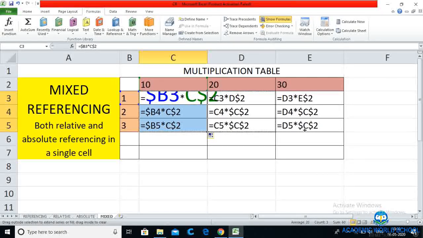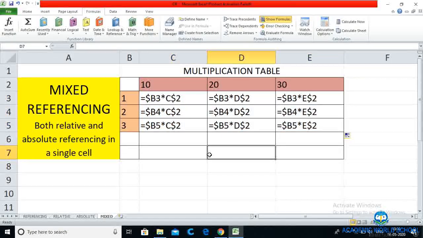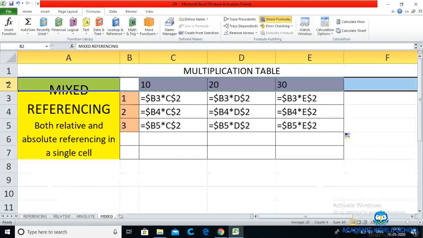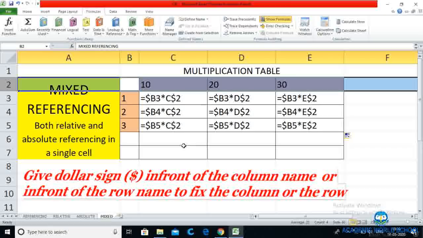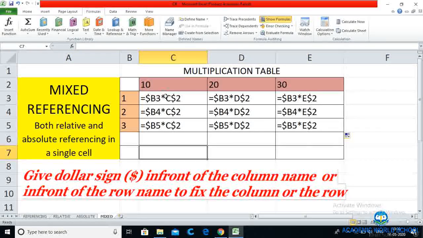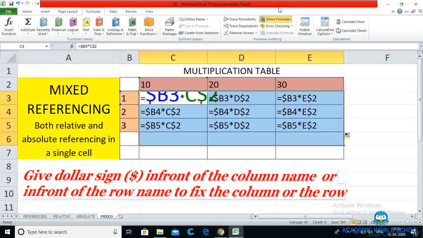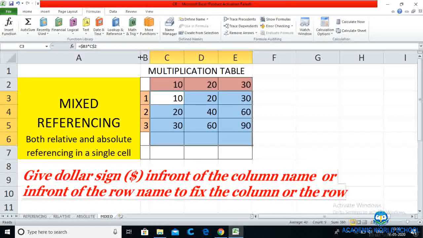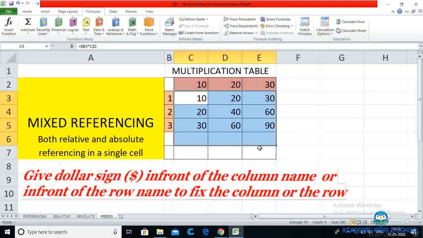Simply copy and drag it. Sure. Fine. Okay. We have fixed this column and we have fixed this row. Now let's see the result. Wow, great. Look, we have come up with the actual result.